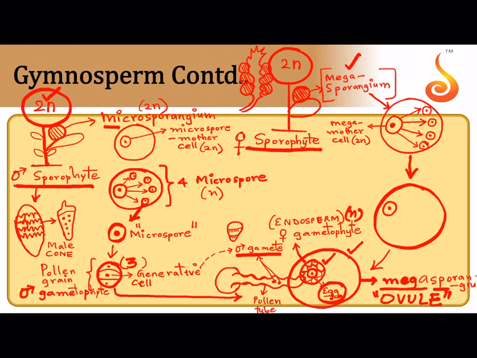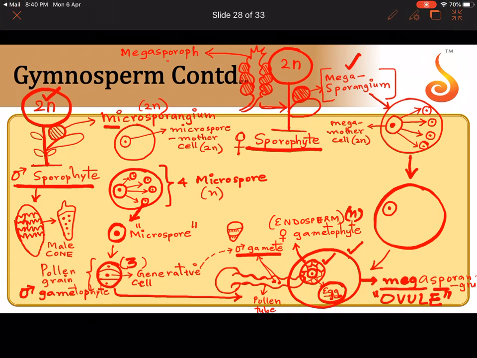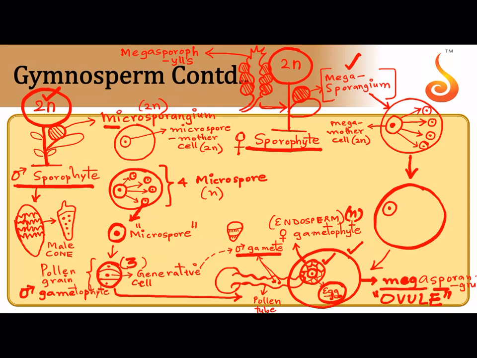On both sides you have, and these leaves which are present on this plant, the female sporophyte, are called what? They are called megasporophylls. They are referred to as megasporophylls.